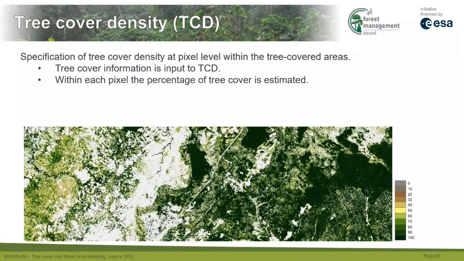Tree canopy cover, as I mentioned before, is the vertical projection of tree crowns to the horizontal earth surface. And it indicates the proportion, whereas tree cover, on the other hand, just indicates the absence and presence of trees.